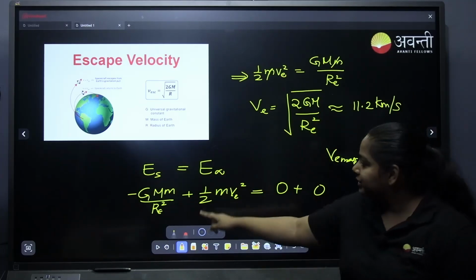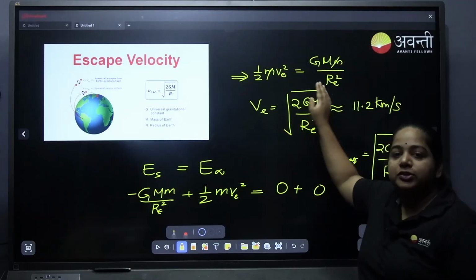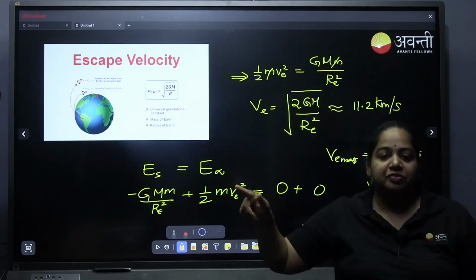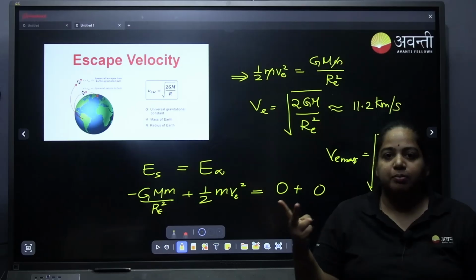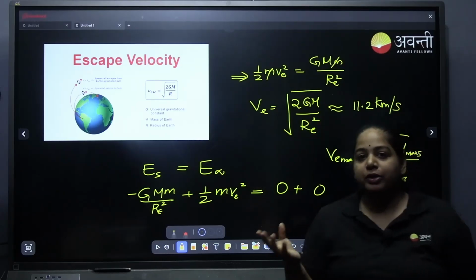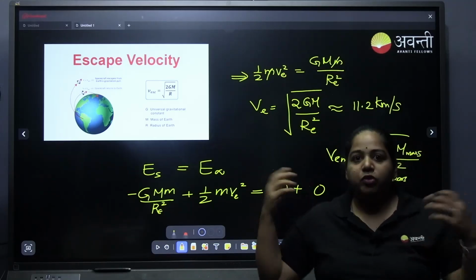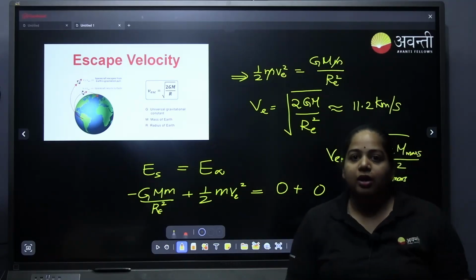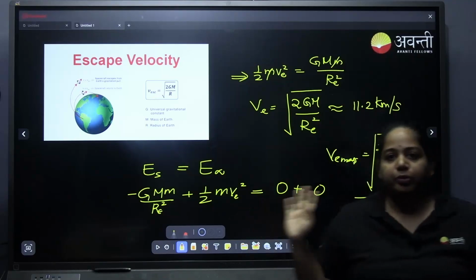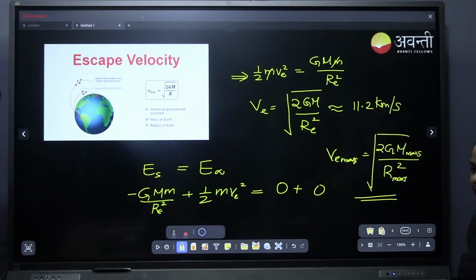So what do you understand? Escape velocity depends on the mass of the planet and the radius of the planet, but it does not depend on the mass of the object. If you want to throw yourself or a ball, escape velocity is the same for both. Is that clear?